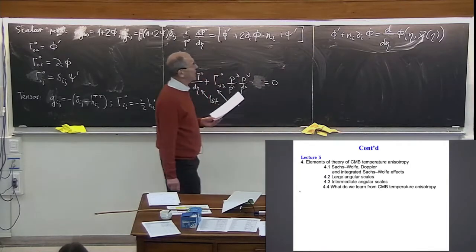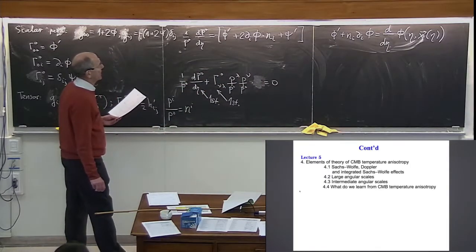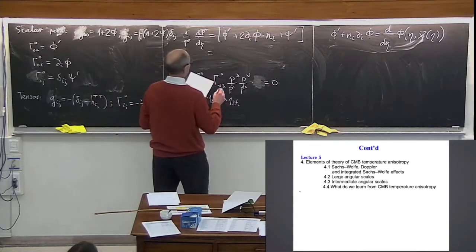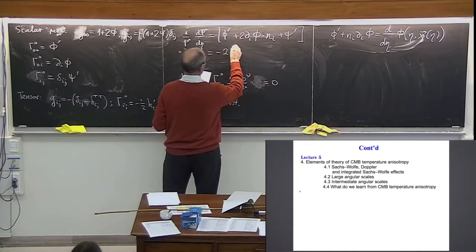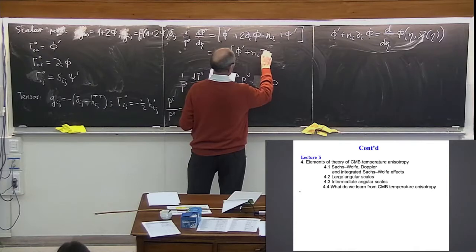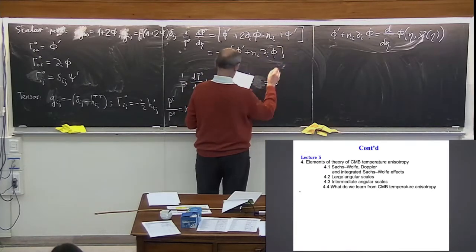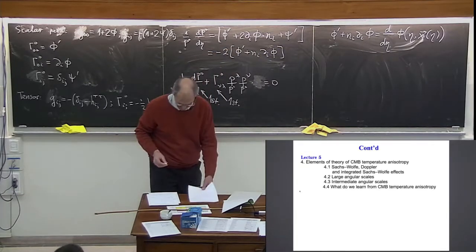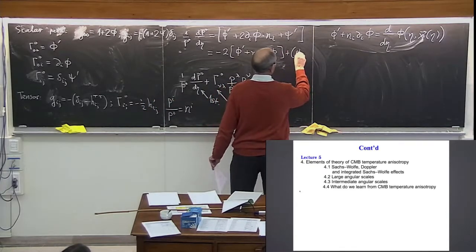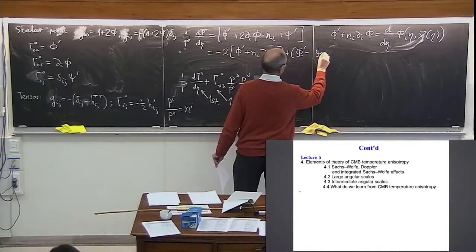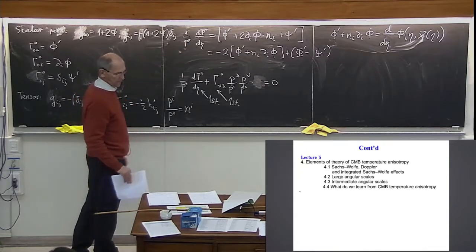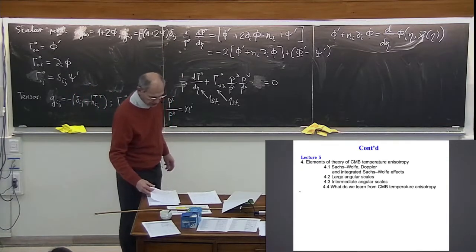So let me write this thing here as minus 2 times phi prime plus ni di phi, and plus phi prime minus psi prime. Okay? And this is time derivative of the photon frequency, photon energy.